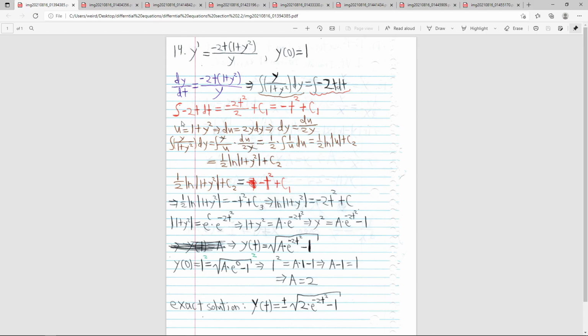In brown we have u substitution for 1 plus y squared. After doing enough of these, you get a feel for how u substitution will work. Generally, it's your number one resort in many cases. When you can't just right away integrate, you have to do u substitution of a sort.